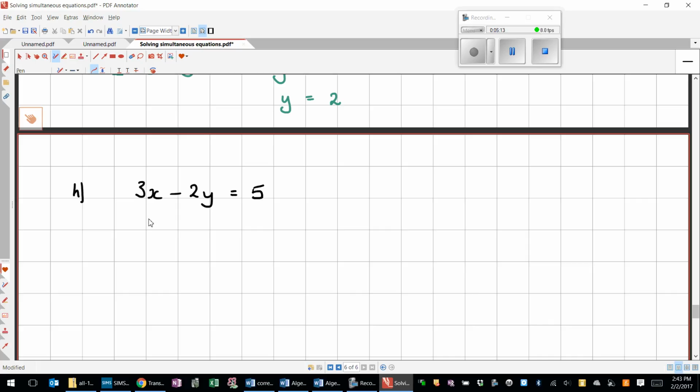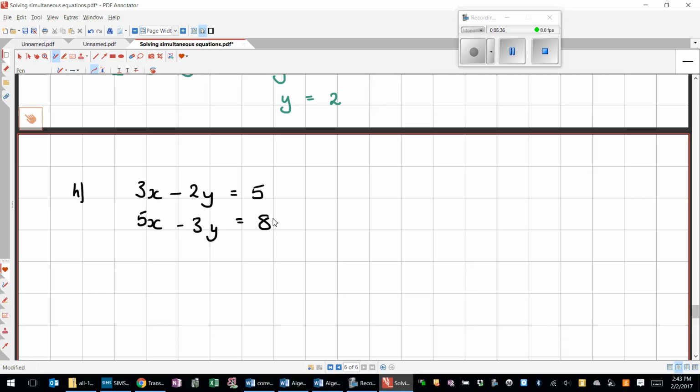And we've got 5x minus 3y equals 8. While you're writing that down, have a look. Is there anything that you spot about matching the x's up or matching the y's up?